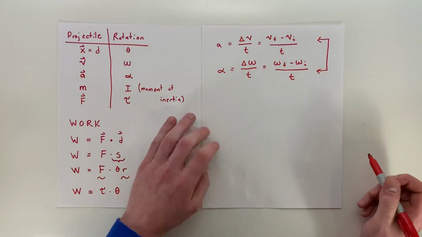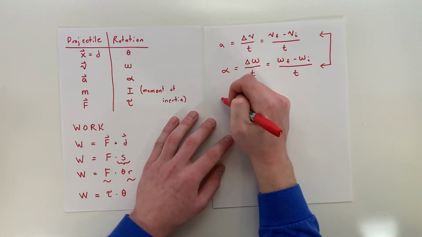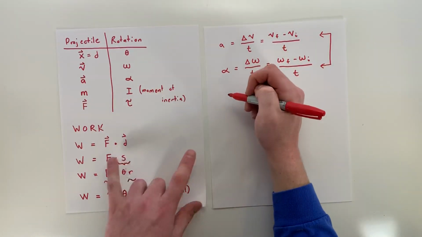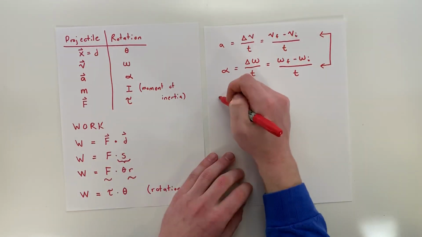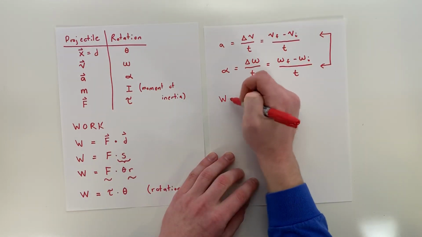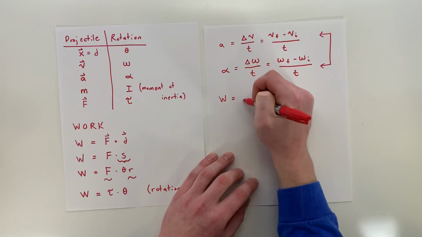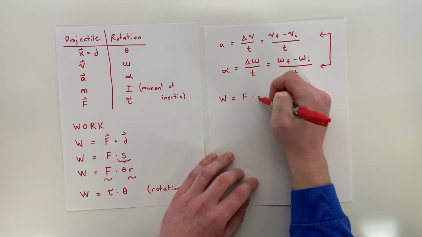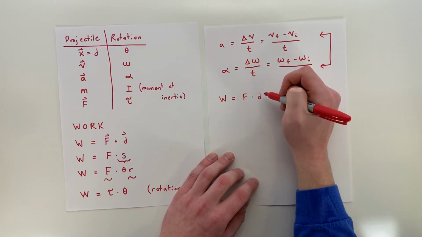So now let's look at another formula. Work in a projectile sense is equal to force times distance.